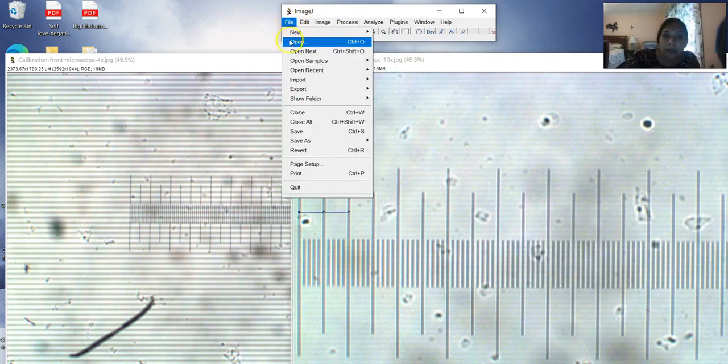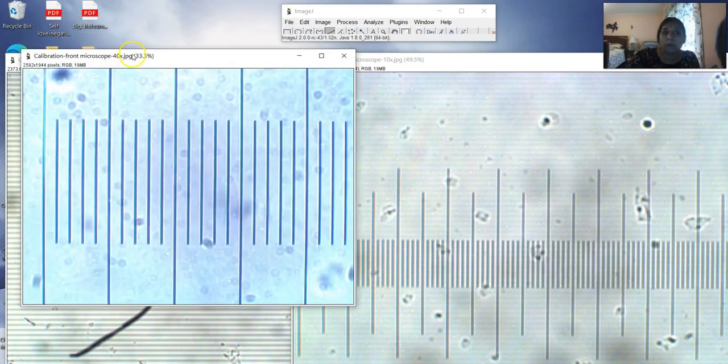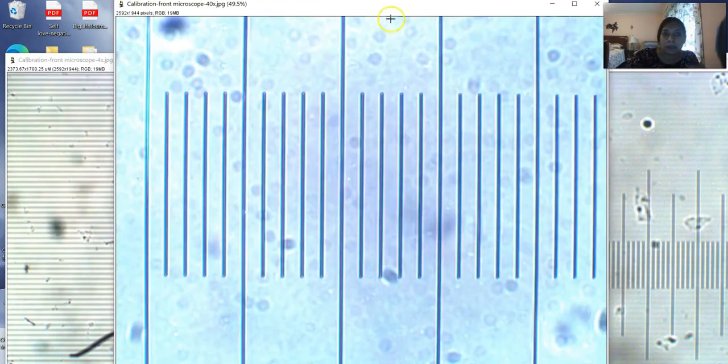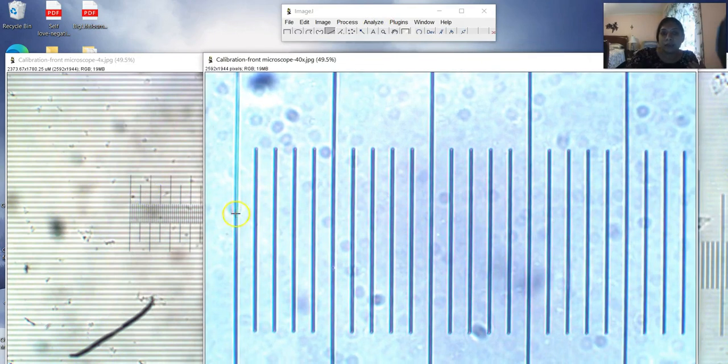So let's say open. And now I'm opening the next one up, which is our 40x objective lens. And I'm going to make it the same general size. And now you can actually see individual units, right? But just for the sake of consistency, let's just go ahead and look at a measurement of 10 units again first. So these are 10 stage units, making sure my line is straight.